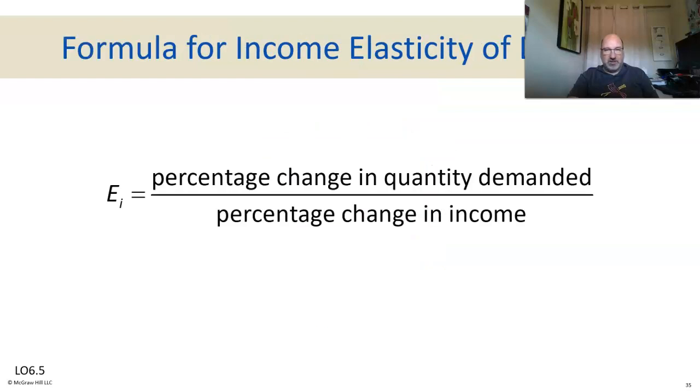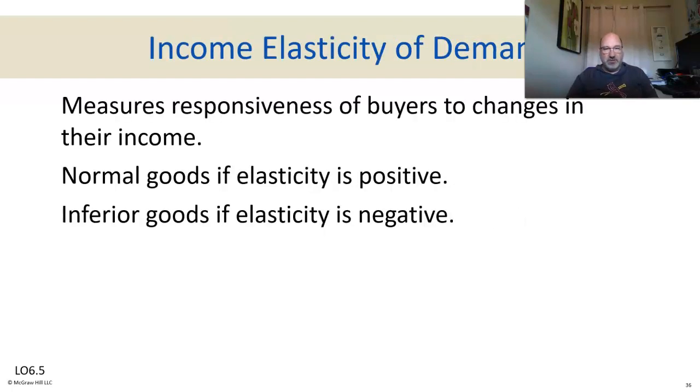They are based on these studies. Income elasticity of demand, E sub I, is the percentage change in quantity demanded divided by the percentage change in income. Once again, you do not have to use the midpoint formula. What does this do? This measures the responsiveness of buyers to changes in their income.